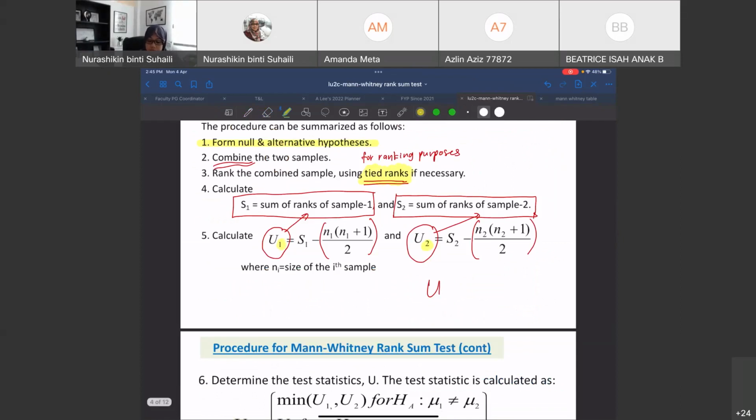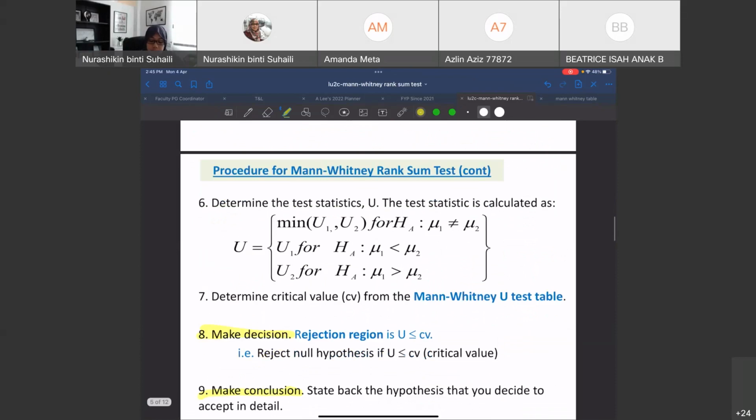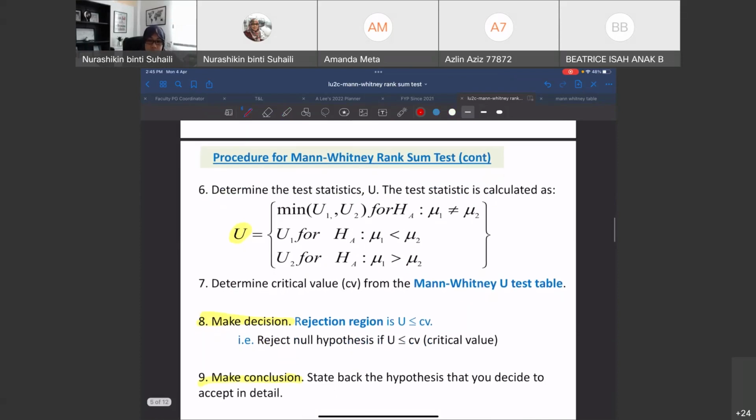So in the sixth step you have to determine U based on these conditions. That's why I said just now the alternative hypothesis plays an important role in determining the U value.